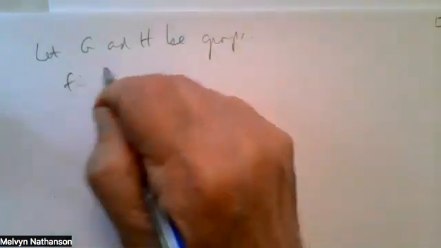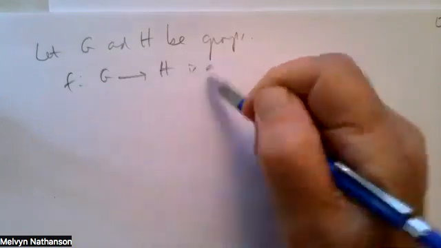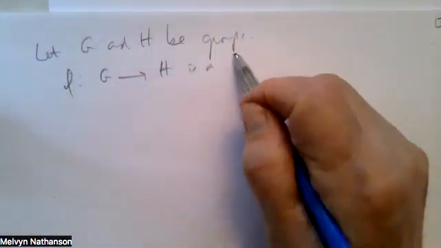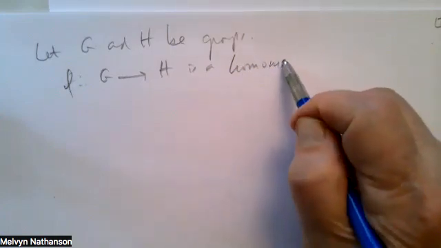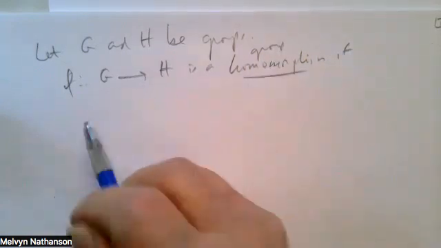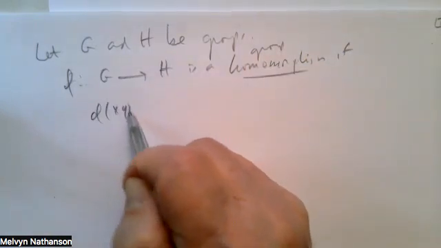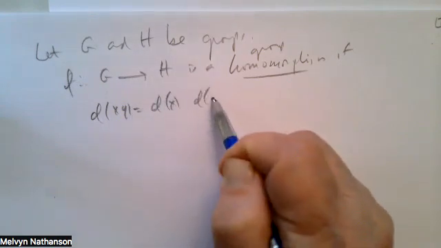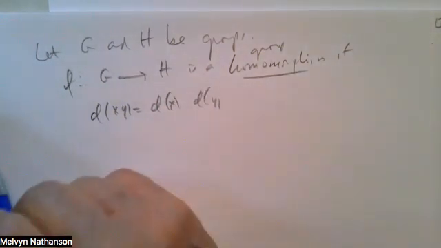A function f from G to H, or maybe I'll use the Greek letter phi, from G to H is a group homomorphism if phi of xy is phi of x times phi of y for all x and y in the group.